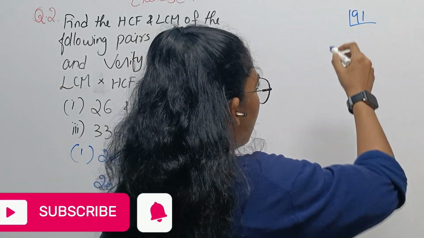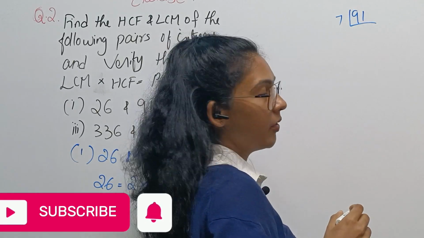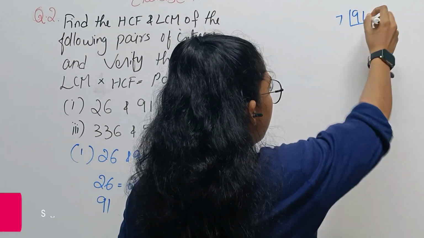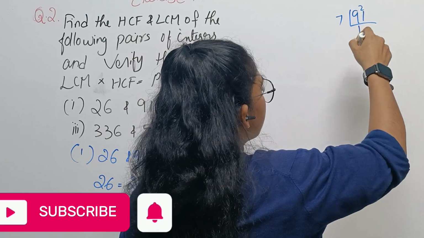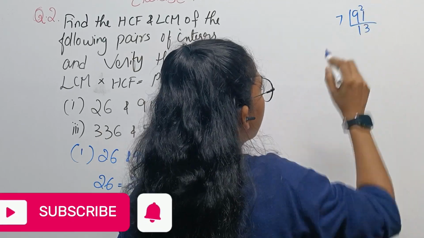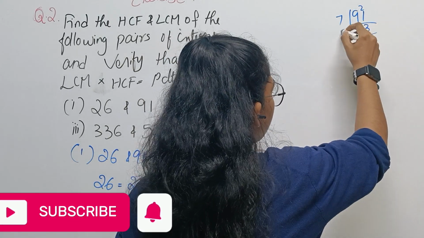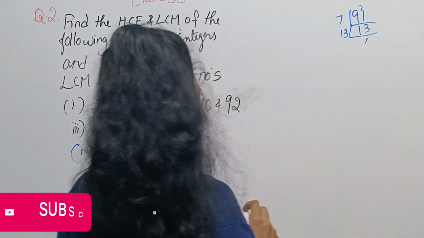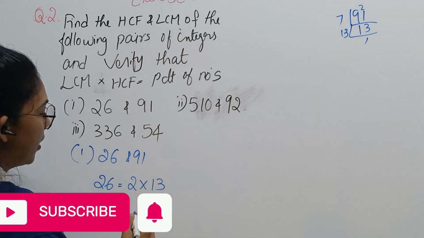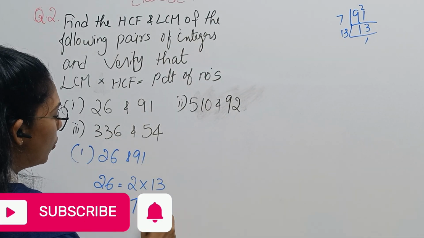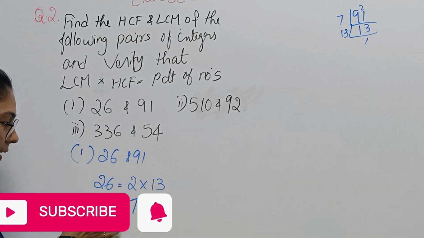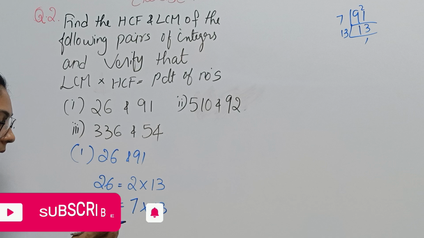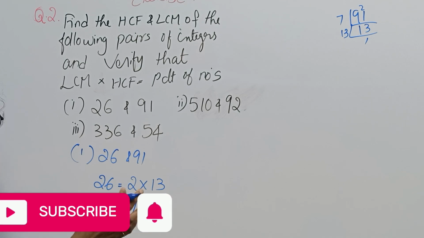First we divide 91 by 7, and we get 13, and then 1. So the factors of 91 are 7 into 13. So the factors of 26 are 2 times 13 and of 91 are 7 and 13.